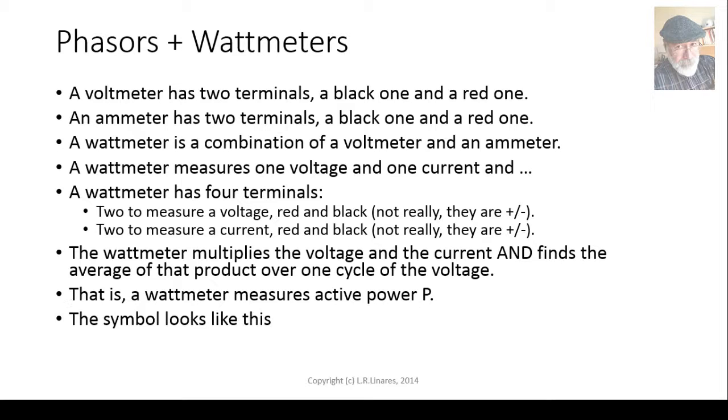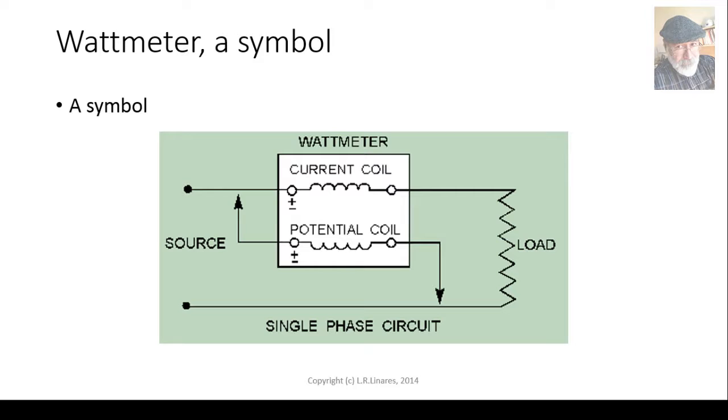That's correct. The symbol of a wattmeter is something like this. You see, it has a current coil through which the current in the load will flow, and it has a potential coil that will be serving as a voltmeter across the load. If the wattmeter is ideal, which is our assumption in the following exercises, the voltage drop across the current coil is zero.